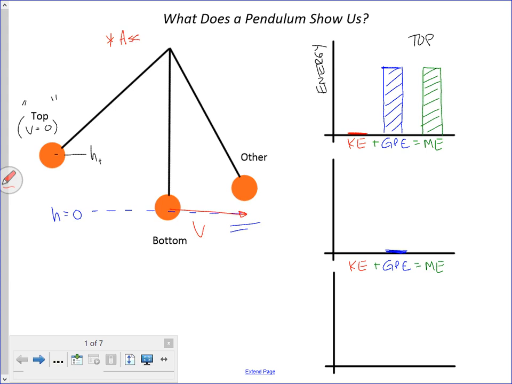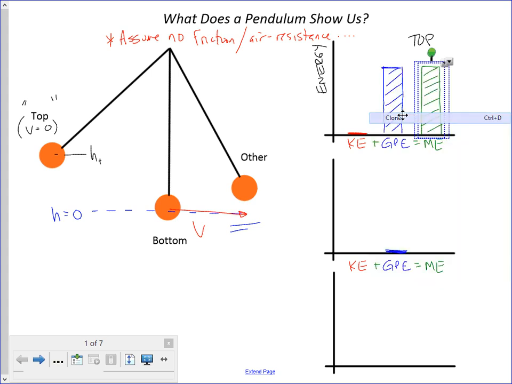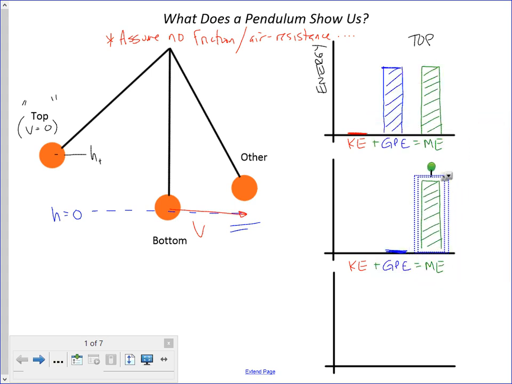Let's assume no friction or air resistance or anything like that, any of those yucky things. Let's call this a perfect world. Well, the one thing we can say for sure now is that the amount of mechanical energy that this thing had before is the same amount that it has now. That's the big deal.